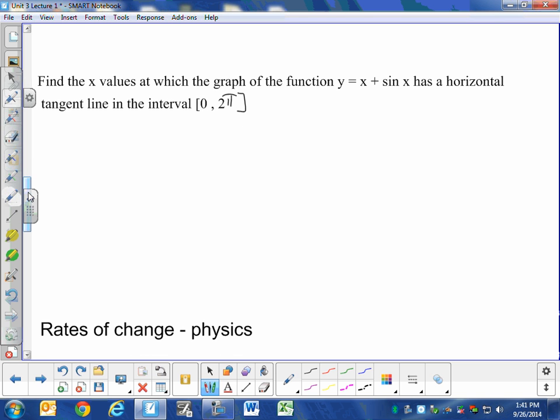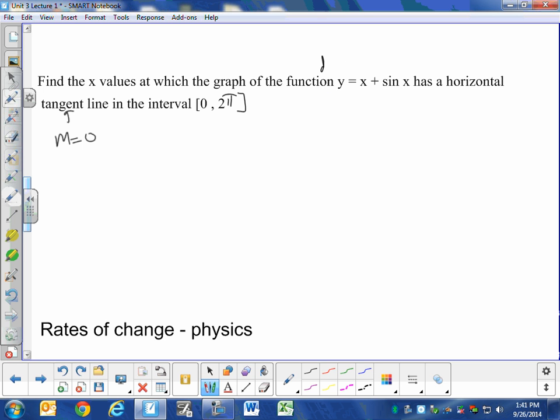A couple applications. Find the x values at which the graph of the function y equals x plus sine x has a horizontal tangent line in the interval. So horizontal tangent line is when the slope is equal to 0. So I'm figuring out when the tangent slope of x plus sine x equals 0.